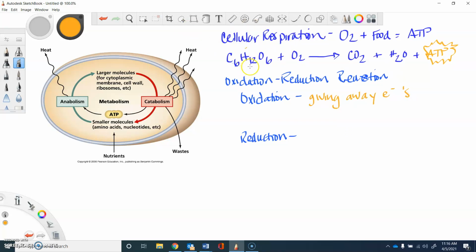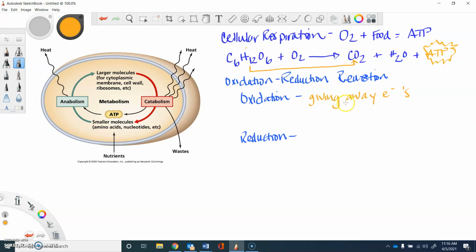So we are breaking the bonds of glucose and oxidizing it down to carbon dioxide. So we're breaking those carbons down and taking the electrons in those bonds.